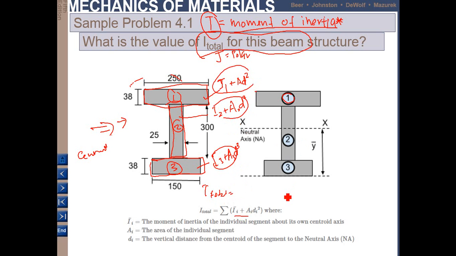Okay, to find the value of moment of inertia for this body, I show in another slide. First you have to find the section centroid, and the section centroid can be found using this method.